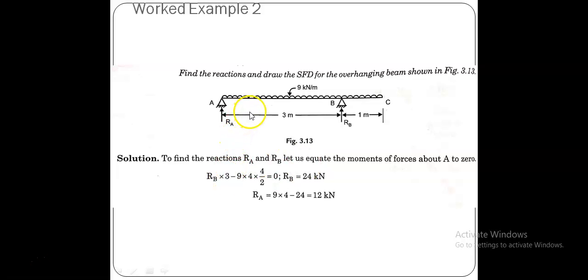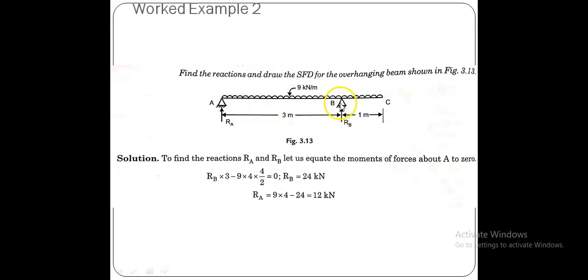So as usual, in order to find the reactive forces, taking the moments about A, sigma MA equal to 0. For that I can write the equation RB into 3. Let it be anti-clockwise.